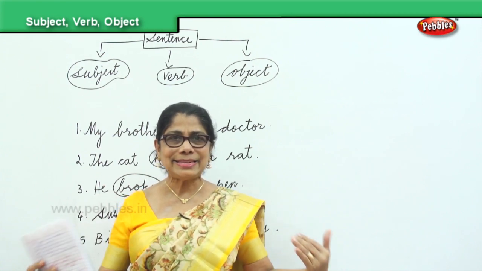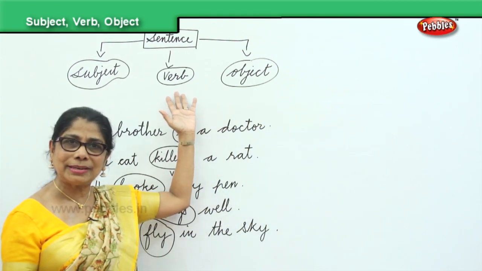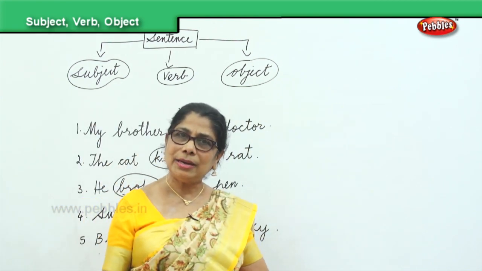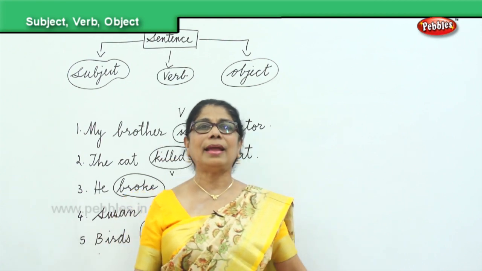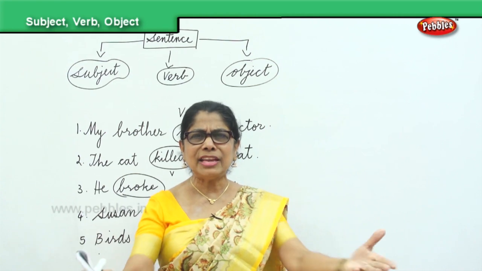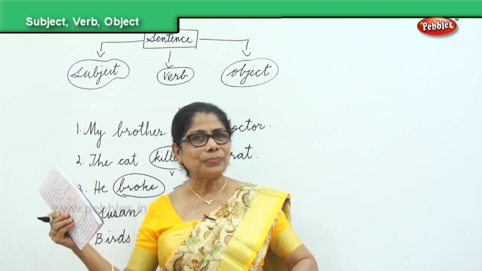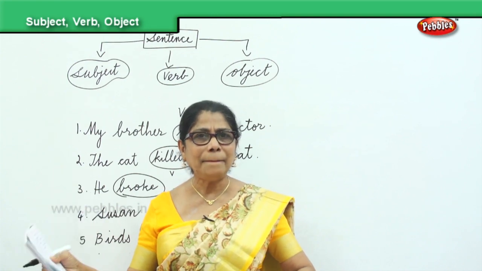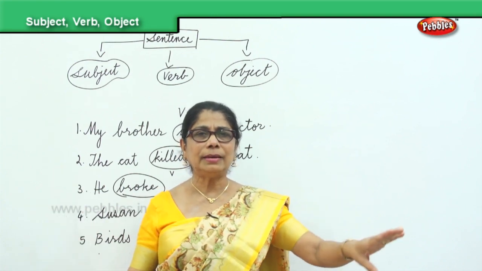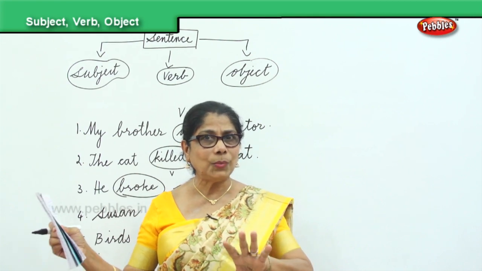Now, whatever you do, there will be three parts. I am standing straight. I am the subject. Standing is the verb. How am I standing? Straight, the object. So, in every sentence that you create, just see that there is a subject. Okay? Ram killed the mouse. Ram is the subject. Killed is the verb.